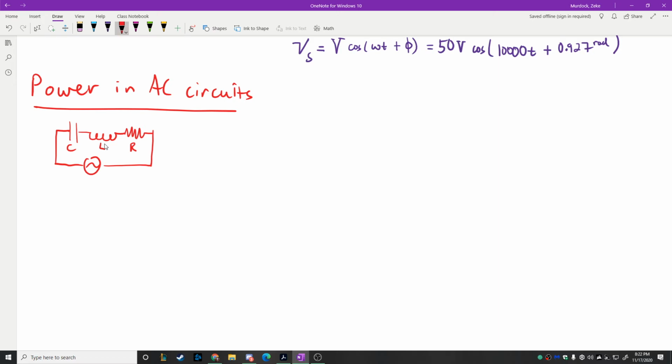Do you remember what the power for a resistor is from DC circuits? For DC, do you remember what it was? What was the power for the resistor in a DC circuit? It has a square in it, right?